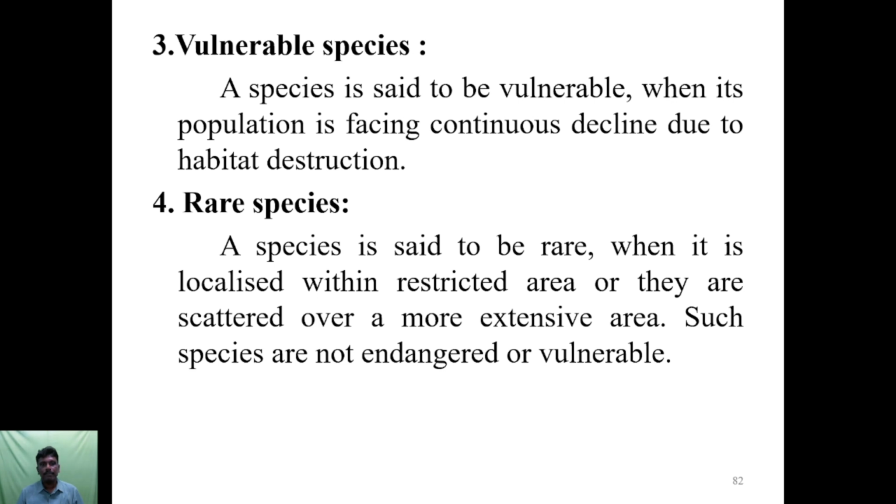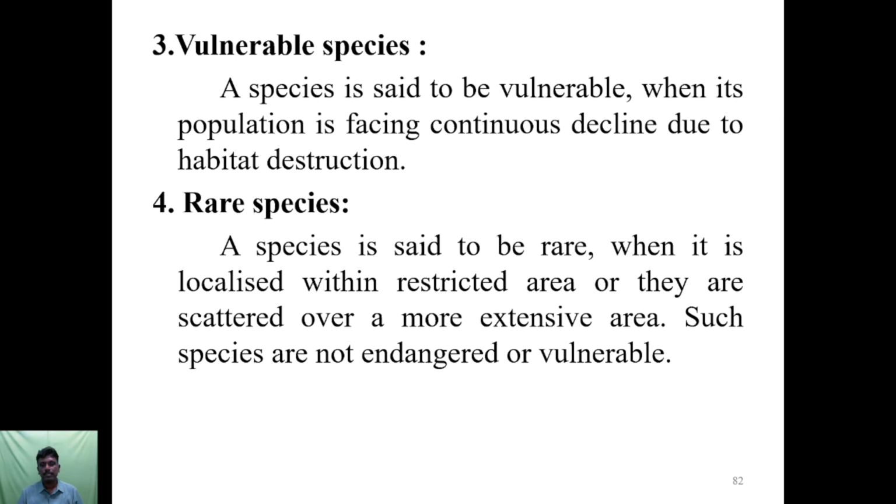Then vulnerable species. It is said to be vulnerable when its population is facing continuous decline due to habitat destruction. Then rare species. It is said to be rare when it is localized within a restricted area or scattered over a more extensive area.